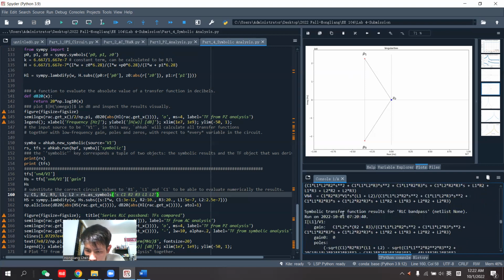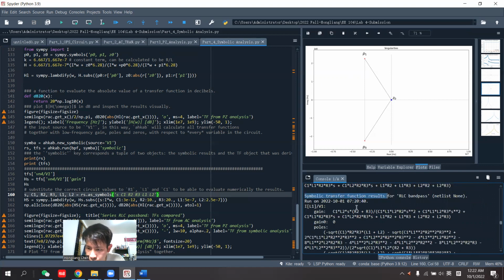So the transfer function is shown here. Symbolic transfer function results for the RLC band pass. The transfer function is equal to the gain, which is the output of the circuit divided by the input of the circuit.